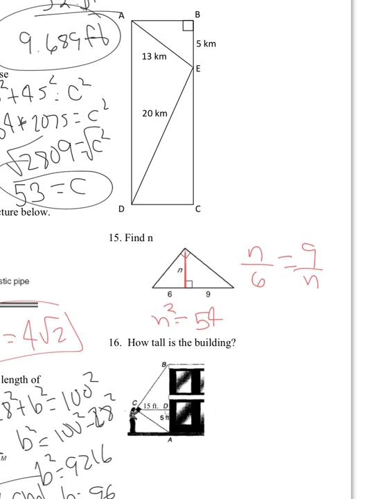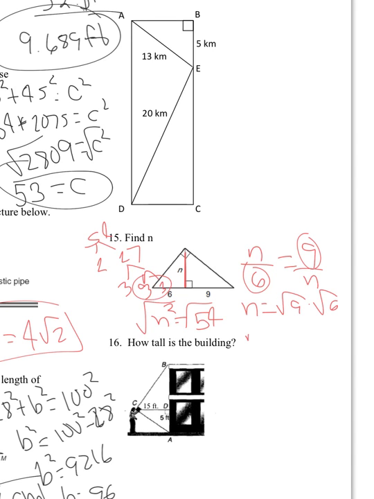Break down 54, you have 2 and 27, 3 and 9, or 3 and 3. So, numbers you started with. See, sometimes the numbers you started with are what you break it back down into. So you're going to get the square root of 9 times the square root of 6, which is 3 square root of 6.